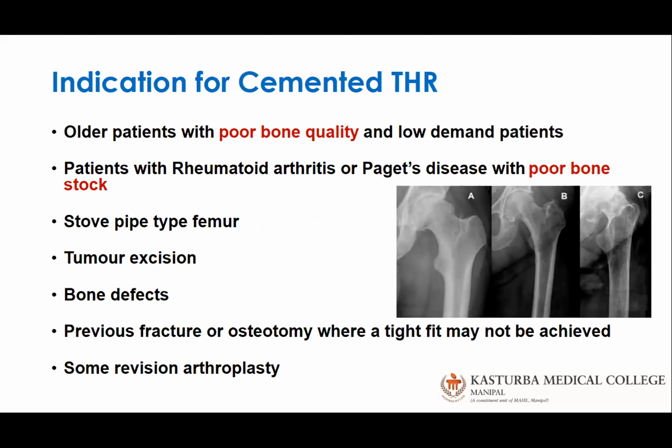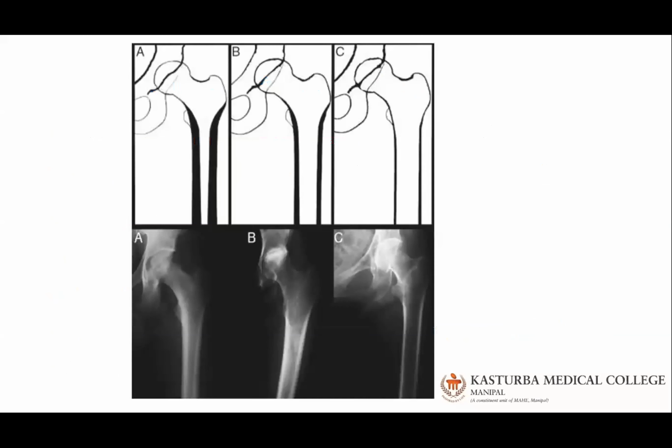How do you choose? Dr. Shamsi has explained the Dorr index, which gives a guideline for you to select, especially when you have poor bone quality or poor bone stock, especially in chronic inflammatory diseases, or a stovepipe femur, which is Dorr C. Also when you have done a tumor excision and there are bone defects, or previous fractures or osteotomies where a tight fit may not be achieved using customary uncemented implants, and sometimes in revision hip arthroplasty.